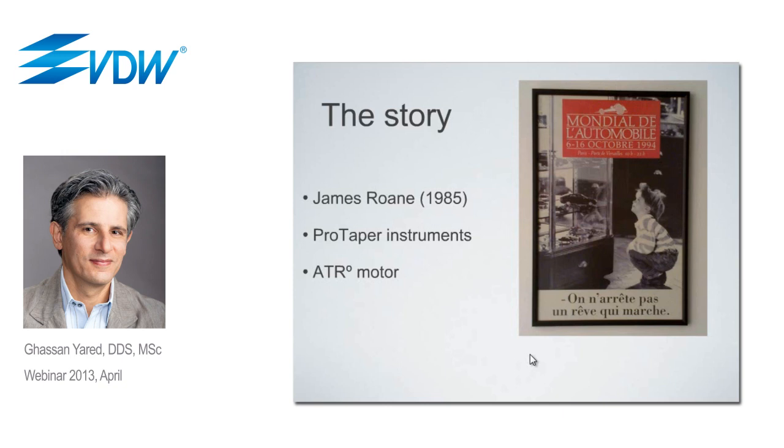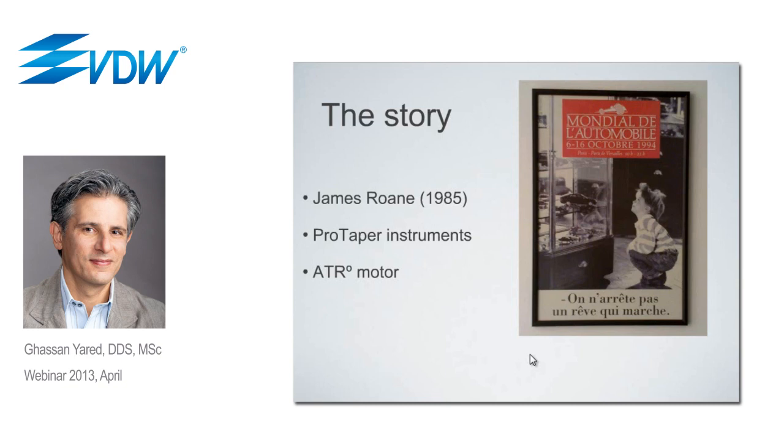So I started trying things. I had a motor that has reciprocation. I had an instrument that would cut in reciprocation, and I knew that reciprocation from the study of Roane is very important to maintain the canal curvature. So I wanted to try and simplify the root canal preparation. So I started trying instruments.